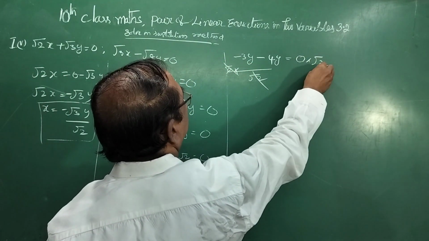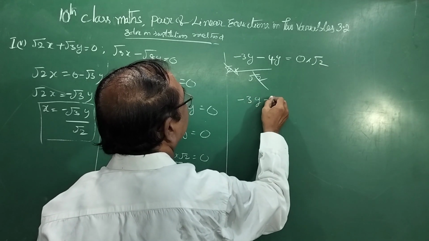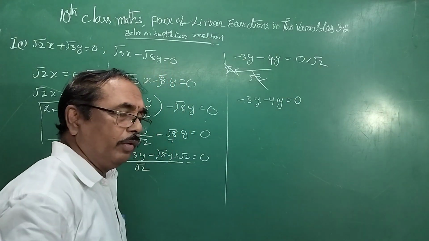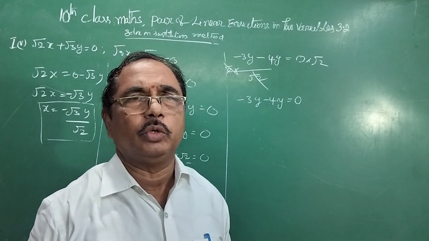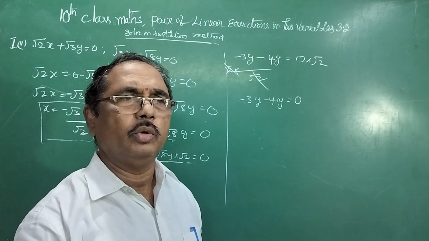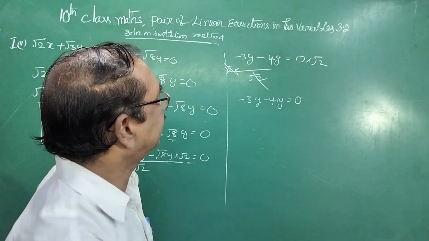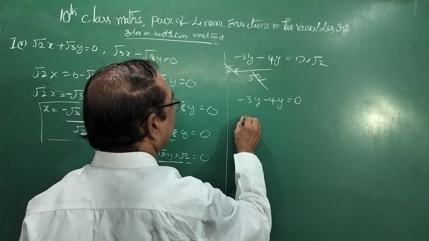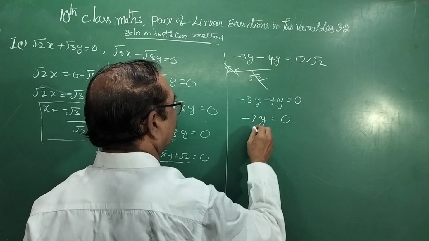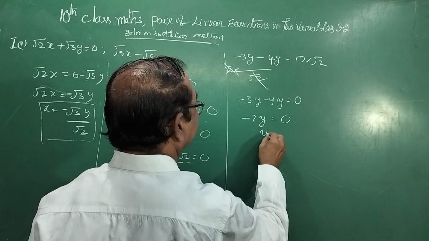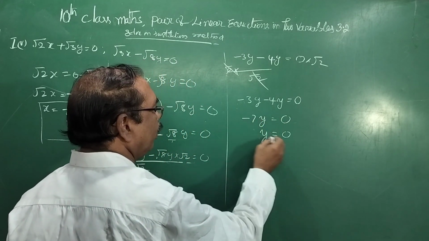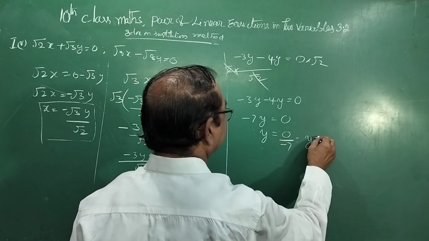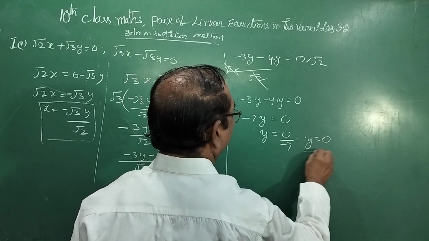Here root 2 cancels, and 0 into root 2 is 0, because whatever number we multiply with 0, that is 0. 0 into 100 is 0, 100 into 0 is 0. Now minus 3y minus 4y is minus 7y is equal to 0. Therefore, y is equal to 0 by minus 7, so y is equal to 0.